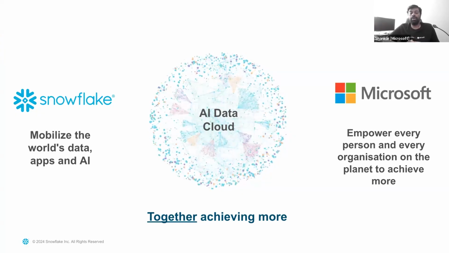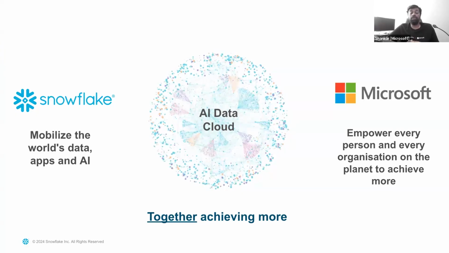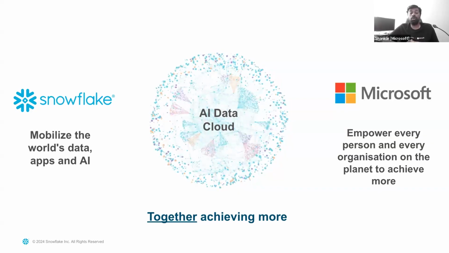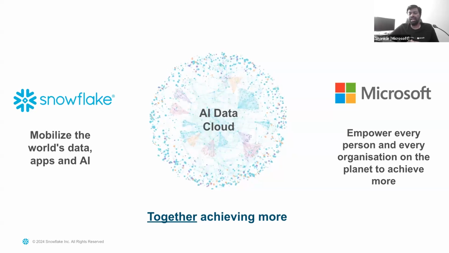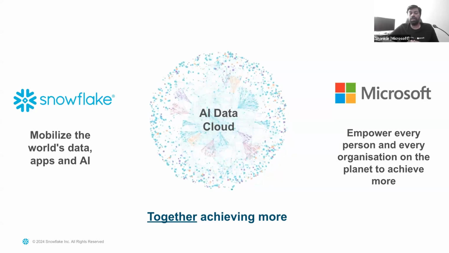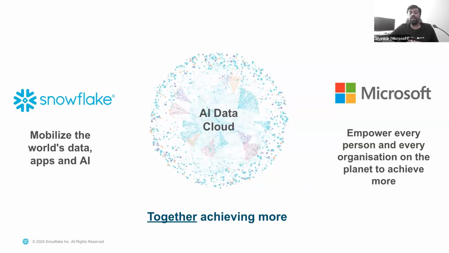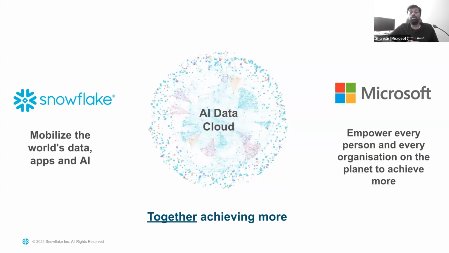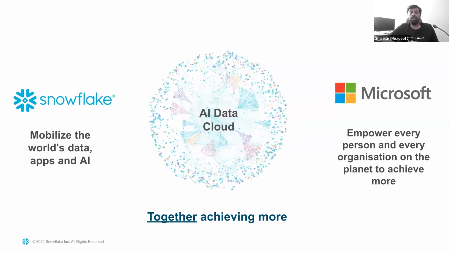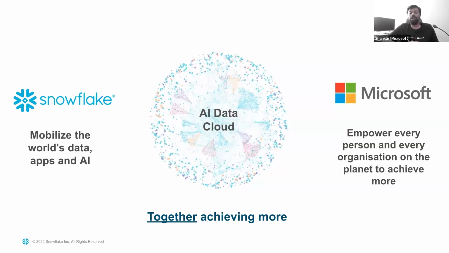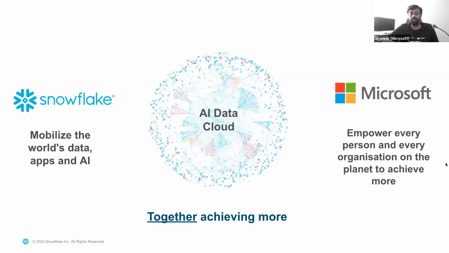And what we are doing by bringing both of these together on top of the AI data cloud is to help organizations achieve more with the power of data through Snowflake and all of the innovations that we are working on at Microsoft. Our partnership started way before 2018, and now we have gone even closer together with all of the recent announcements and integrations that we are working on together. And in this lab, we are going to see one such innovation between Microsoft Fabric and Snowflake.